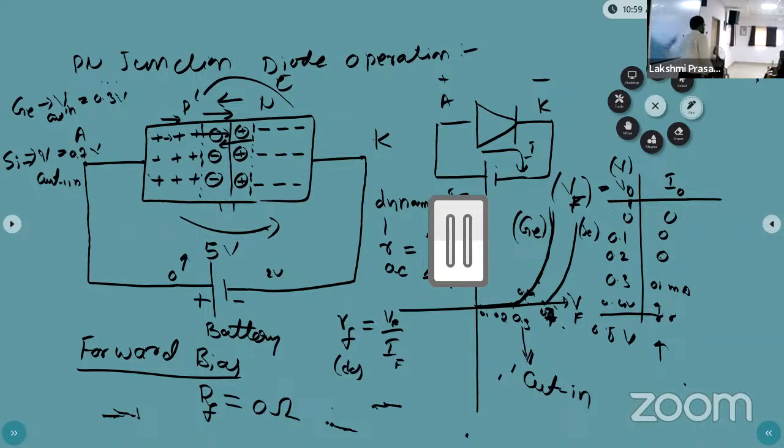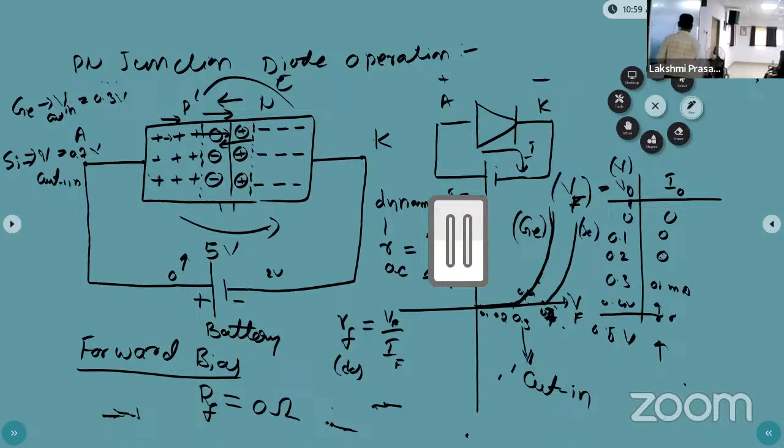The dynamic resistance or RAC resistance is defined as the ratio of change in forward voltage to the change in forward current. That is delta Vf by delta If. That is called the dynamic resistance.